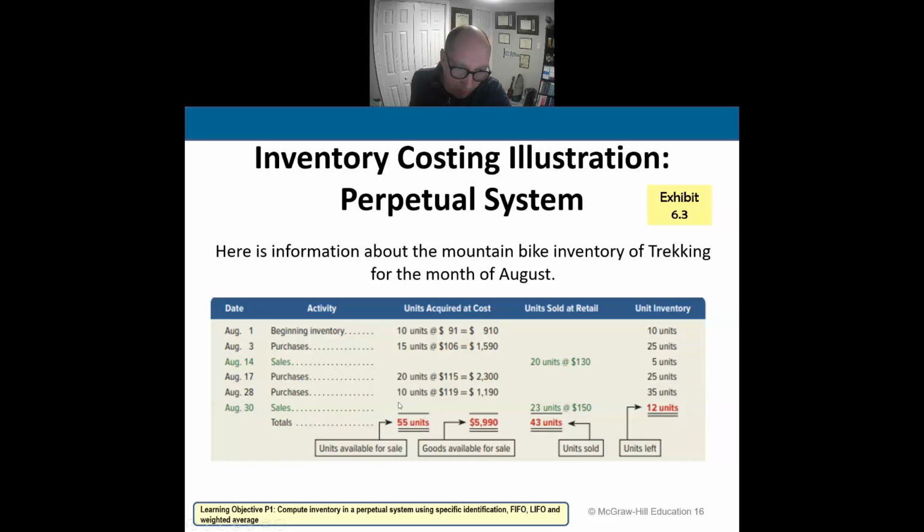I have 55 units, I'm sorry, units available for sale, 55. Goods available for sale, 5,990. We see the updates continuously. That's the idea of the perpetual inventory system.